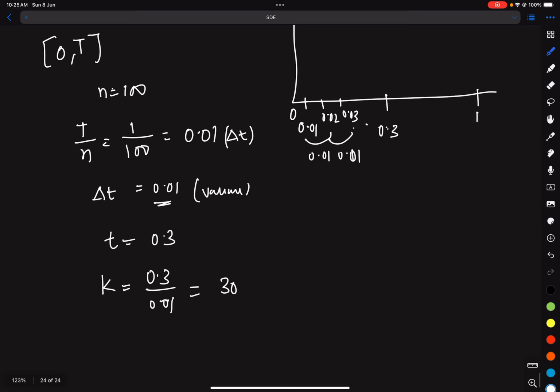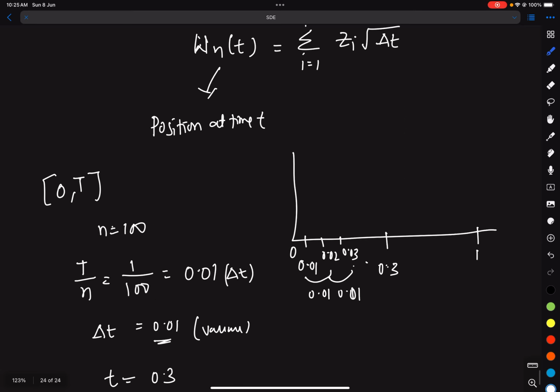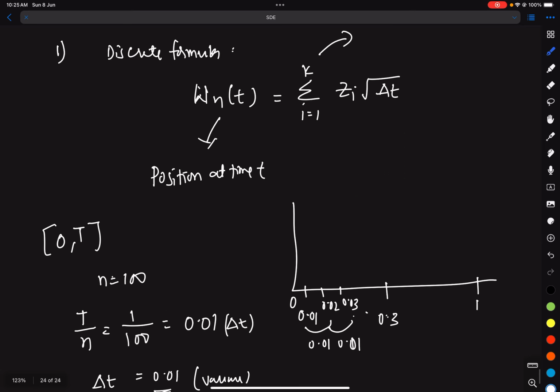Once we have all these inputs or parameters, we can substitute the values in the formula to get the Brownian motion. Z we already know for the discrete step is either plus or minus 1. This is the random walk, right? It can take either a right step or a left step.